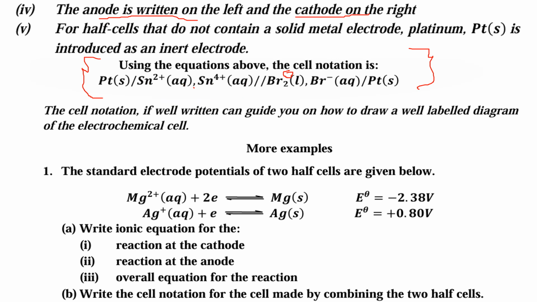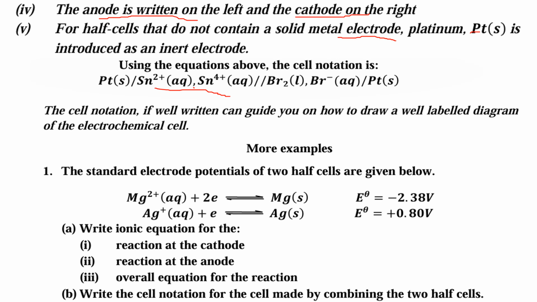We say the comma is going to separate similar states. Now you're going to notice that we are putting platinum on both sides because, as I told you, for cells that do not contain any solid metal electrodes, we use an inert electrode such as platinum on each side. For example, here you're having aqueous and aqueous, we don't have a solid electrode where our reactions are going to take place.